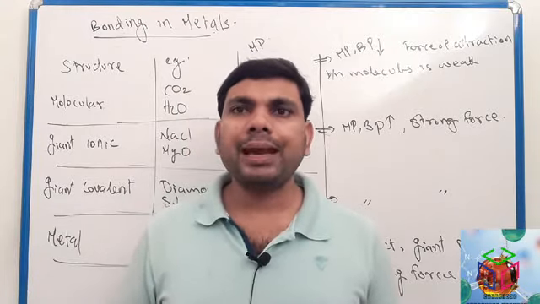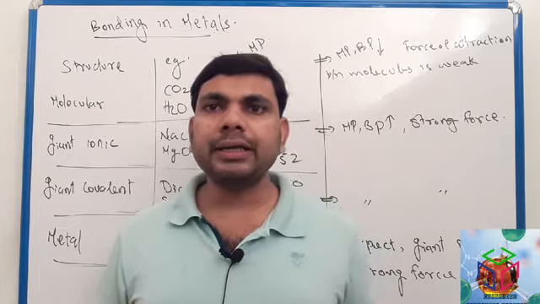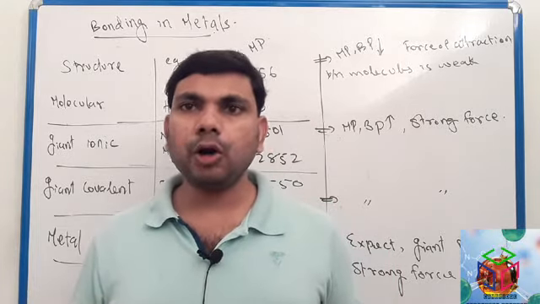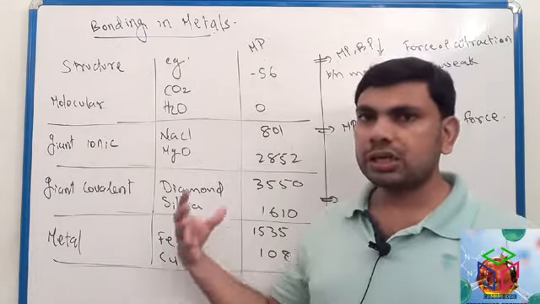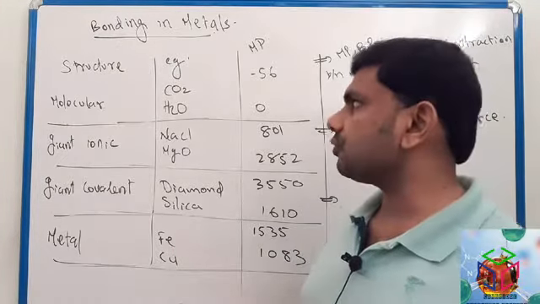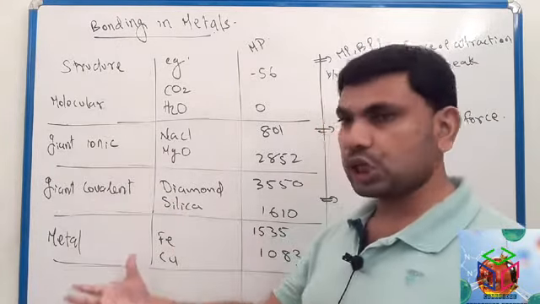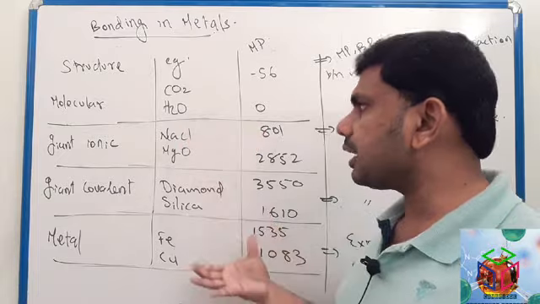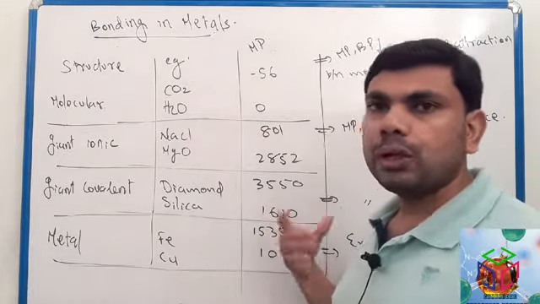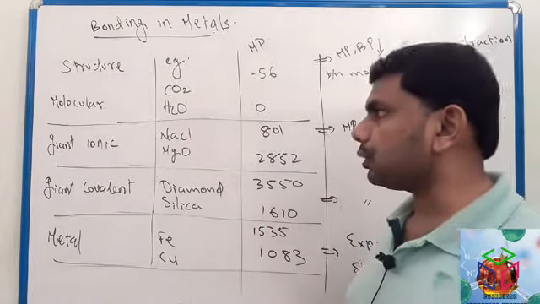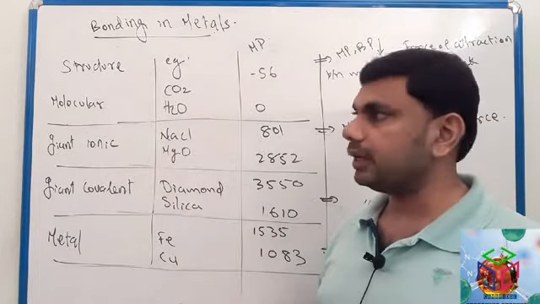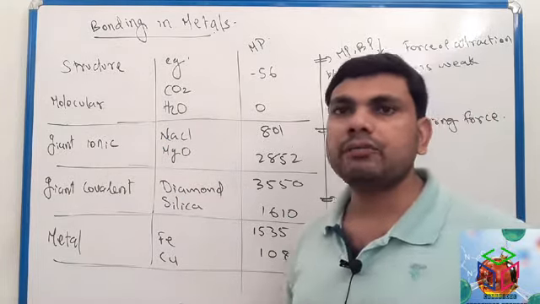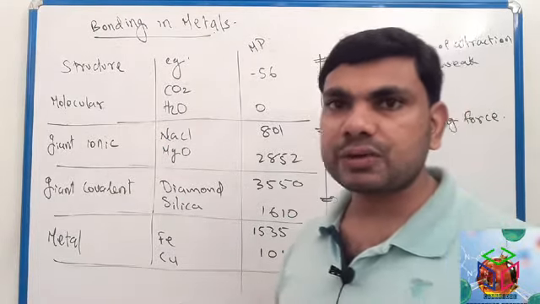Okay, next we have to discuss bonding in metals. See this table here. Here is a table with different types of structure, examples, and their boiling or melting points. First, simple molecules. Molecular solids: we discussed sulfur, phosphorus, ice.